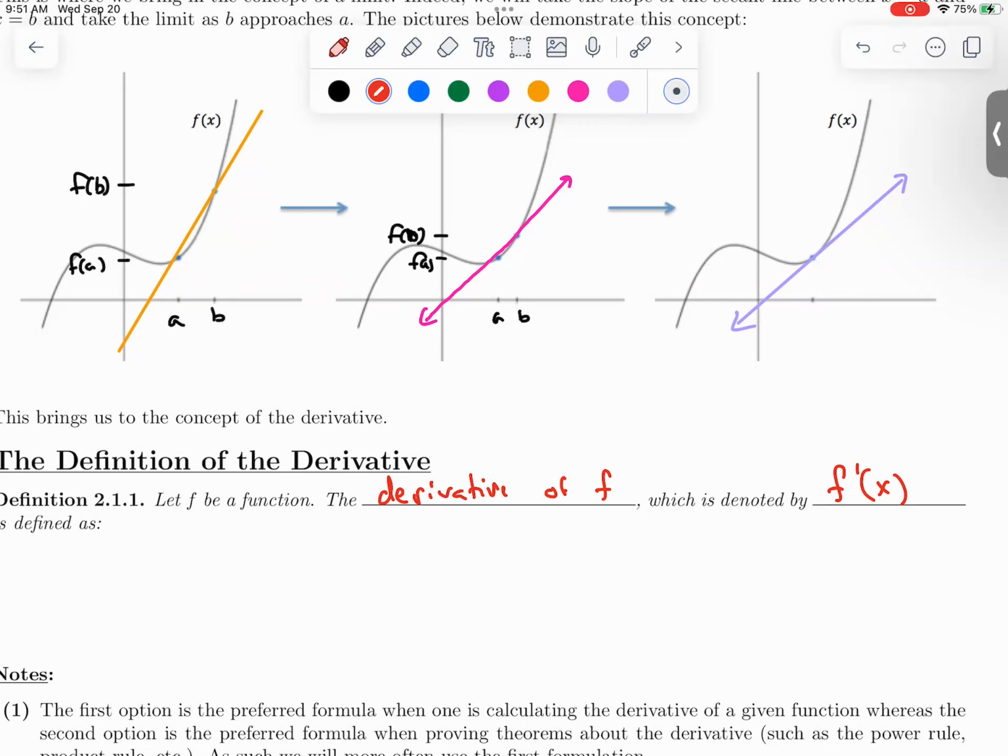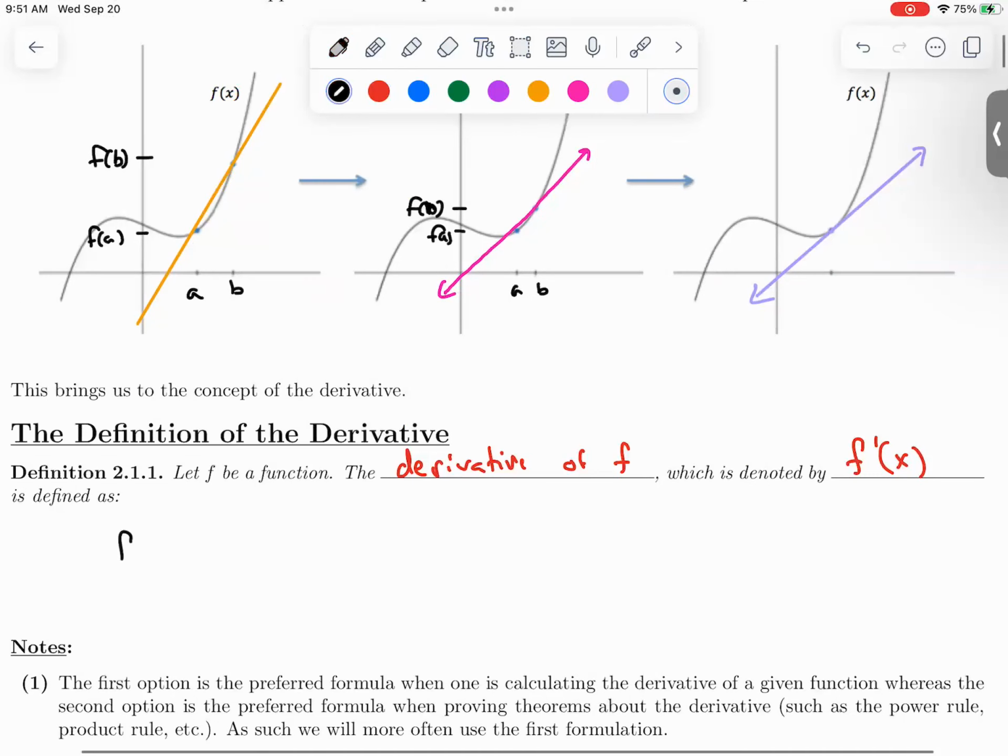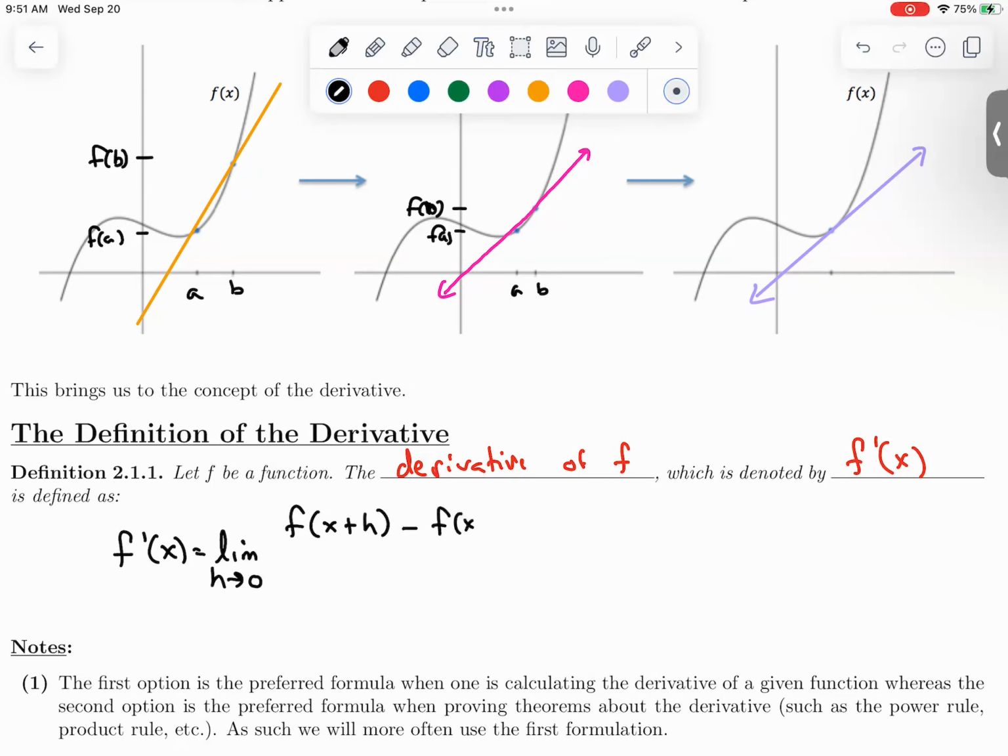So f prime of x is defined as f prime of x equals the limit as h approaches 0 of f of x plus h minus f of x, all divided by h. That is one way to write it.